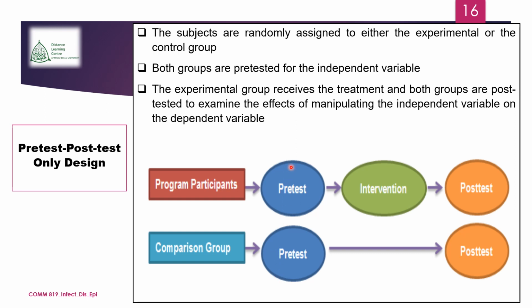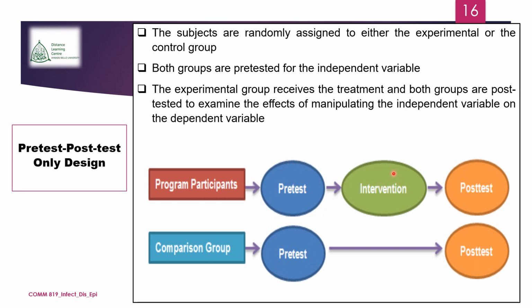It could be, for instance, you're trying to treat diabetes using a particular drug, and you have a group of individuals that have diabetes, and another comparison group still with diabetes. So you decided to take their blood glucose level at the onset.